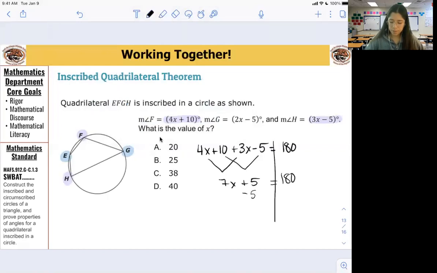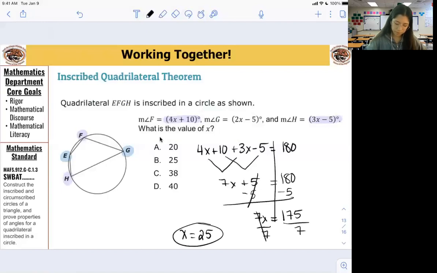Now we take away that 5. I got 7x equals 175. And then we divide by 7. What's 175 divided by 7? 25. B. Questions on this one?